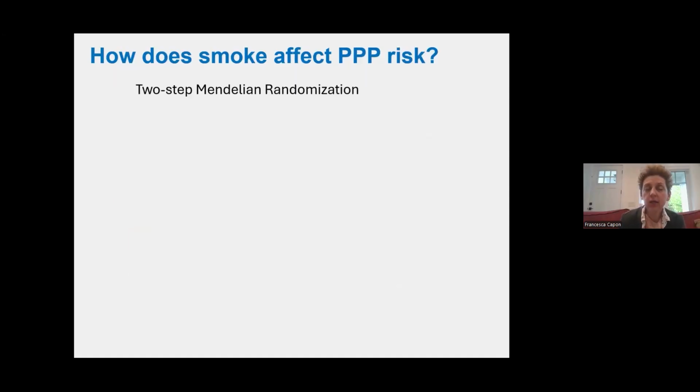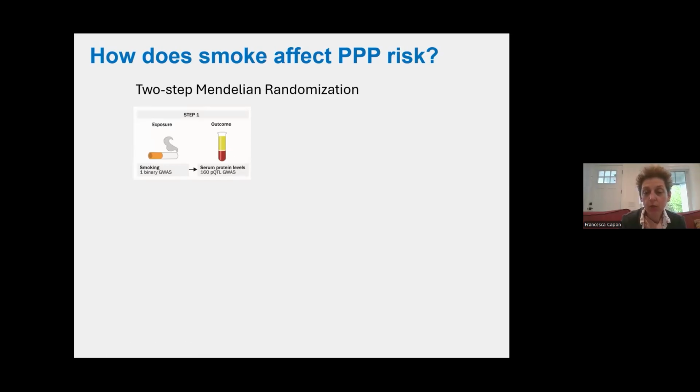And then a final word about smoking. Cigarette smoking is a very well characterized risk factor for palmoplantar pustulosis. And so we decided to have a closer look at how it might influence disease pathways. And we used an approach called Mendelian randomization, which is a genetic technique that allows you to demonstrate the causal influence of an environmental exposure on a health outcome.